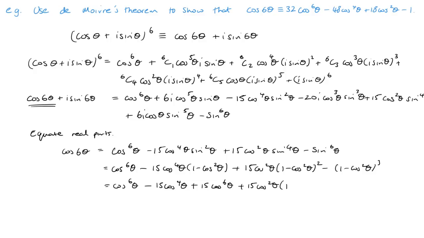Now this is 1 minus 2 cos squared theta plus cos to the 4 theta, minus, I'm not going to be able to fit it in on that line, so 1 minus 3 cos squared theta plus 3 cos to the 4 theta minus cos to the 6 theta.